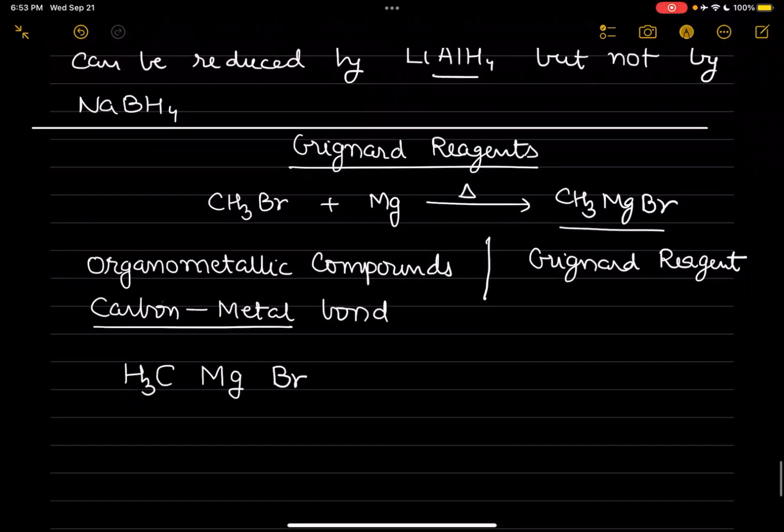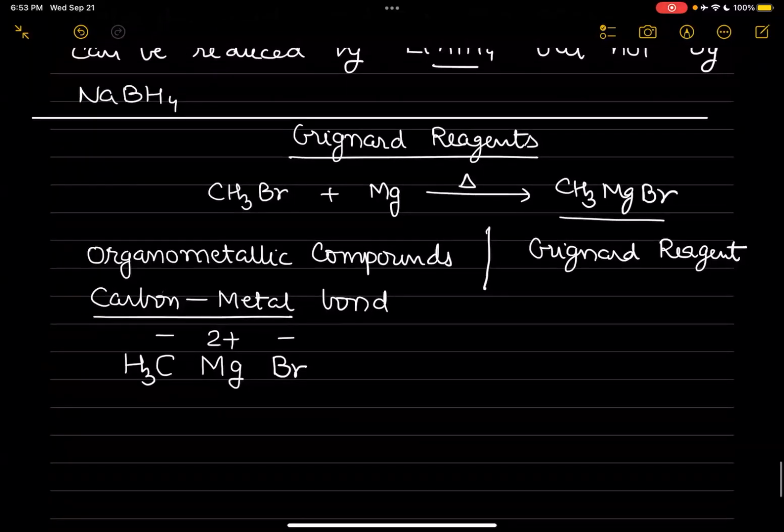If you treat it as completely ionic, if you think in terms of ions, this will be CH3 minus, Mg plus 2, and Br minus. Carbon will have minus, but it is not completely ionic, somewhat ionic. It is between ionic and covalent. But because magnesium is plus 2, that we know, magnesium will be plus 2, carbon will be minus, Br will be minus.